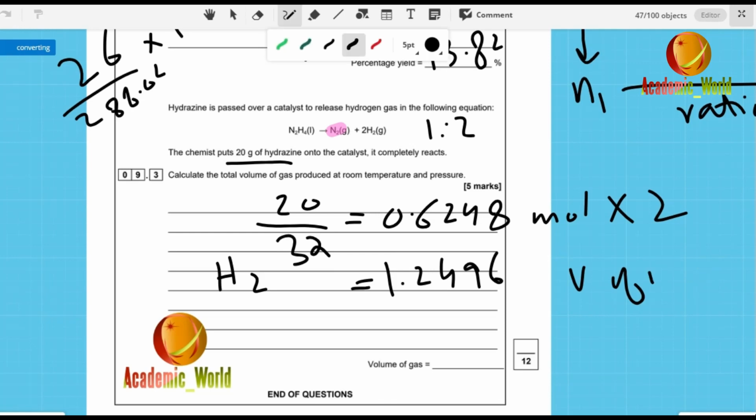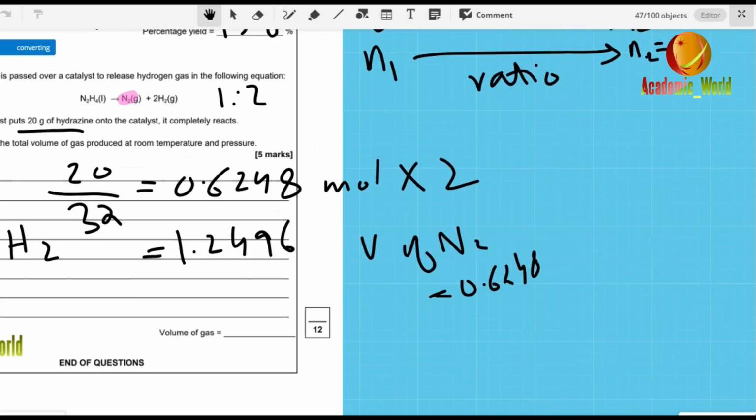Because the molar ratio is the same, you take the same moles, the hydrazine moles 0.6248, so that is equal to 0.6248 times 24, so that gives us 14.9952. That is for the N2.